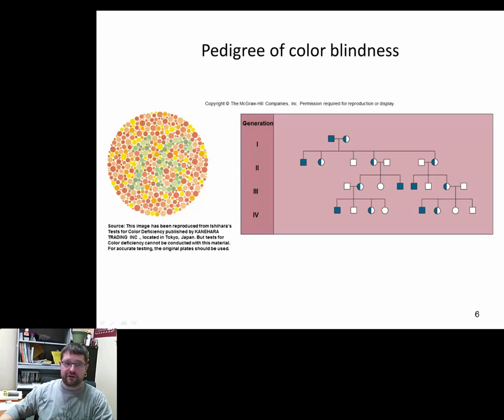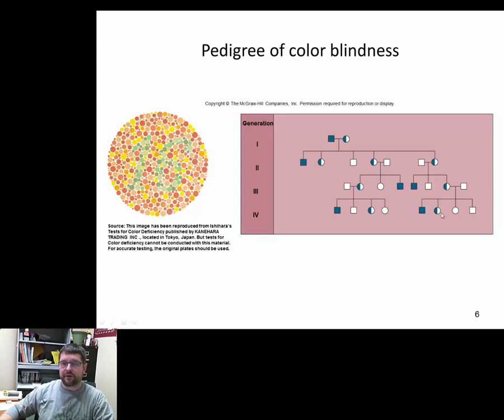If you're an individual that can't distinguish between red and green, which means your eyes don't have the ability to pick up the differences between the two wavelengths, green wavelengths being somewhere around 550 nanometers and red somewhere around 650, 700, and so from green all the way to red you can't distinguish that wavelength, you won't be able to distinguish that there's a number 16 in this circle. And that would mean that you're red-green colorblind.